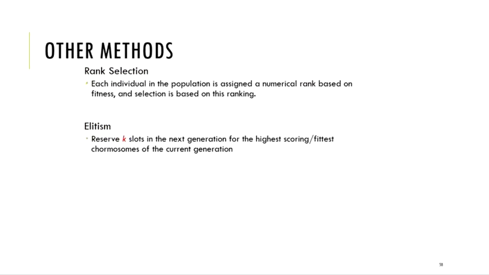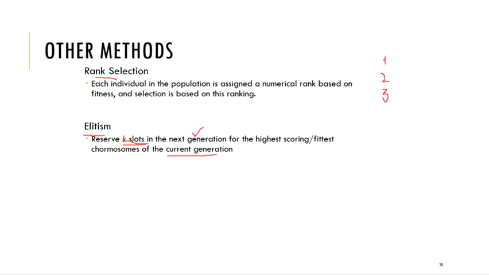The other methods include rank selection and elitism. In rank selection, we simply assign numerical ranks, and whichever individual has the highest rank is selected for regeneration of the next population. Elitism is similar. The only difference is that K slots, or some number of slots, are reserved in the next generation for the ones that we have in the current generation.